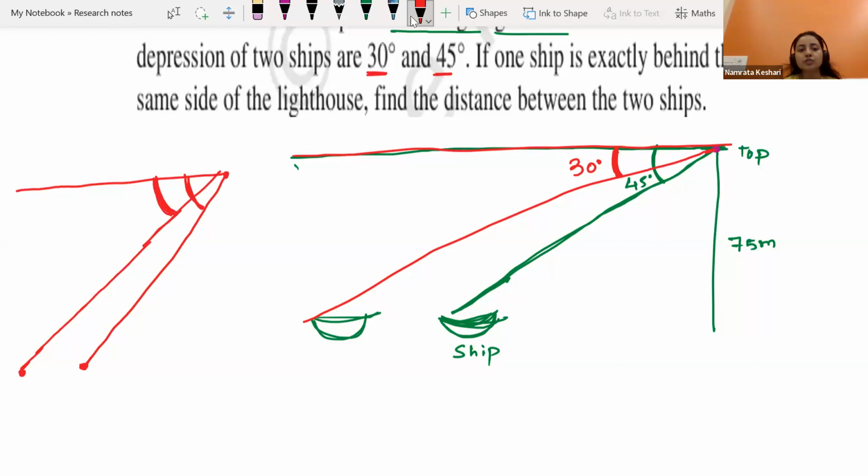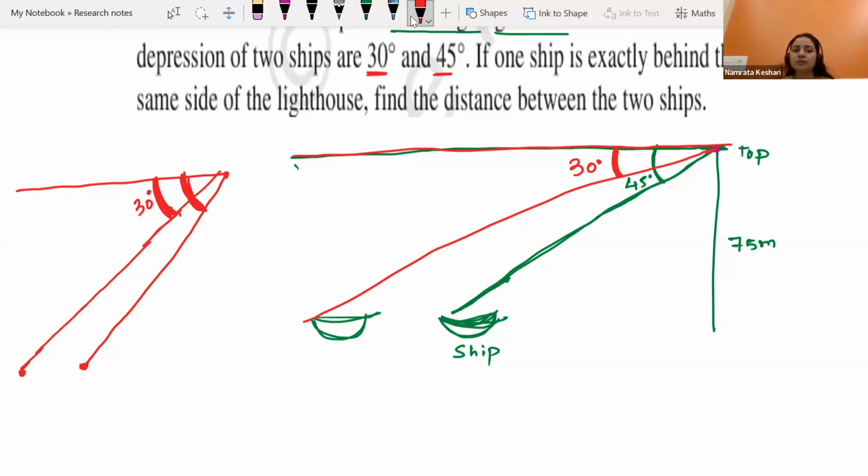Now if I ask you which angle is the bigger one and which is the smaller one, Maha, it is clearly visible that one angle is smaller than the other one. Which one is 30, which one is 45? So we will say the smaller angle must be 30 and the bigger one must be 45.